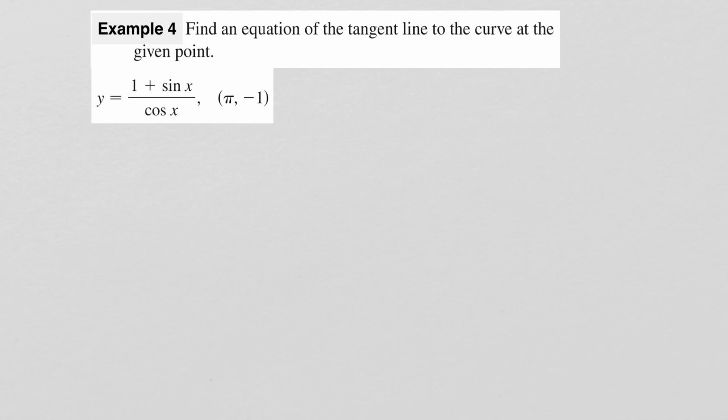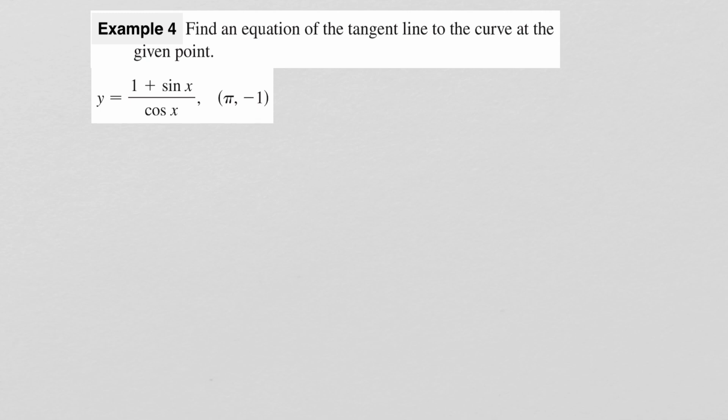In the next example, we find the equation of a tangent line to a curve at a given point. The function is y equals 1 plus sine of x all over cosine of x, and the point of tangency is x equals pi and y equals negative 1.